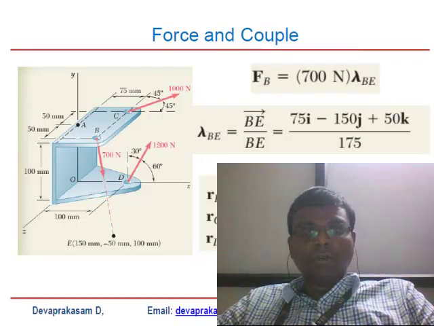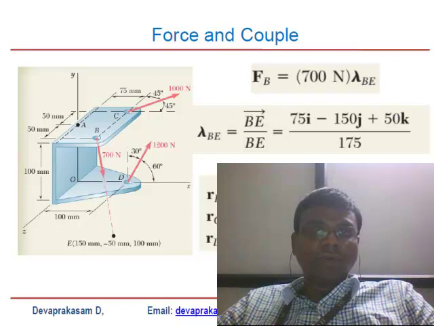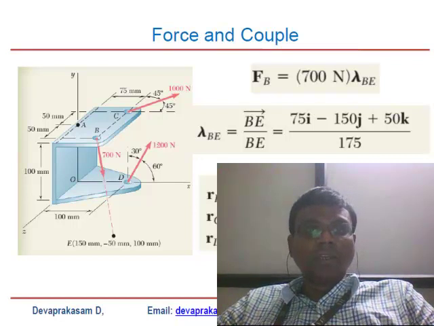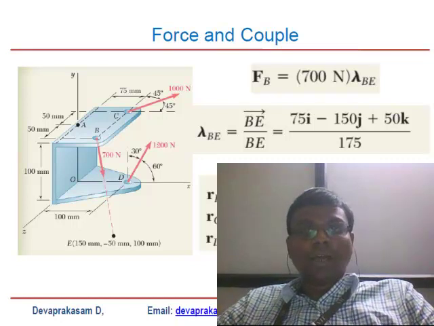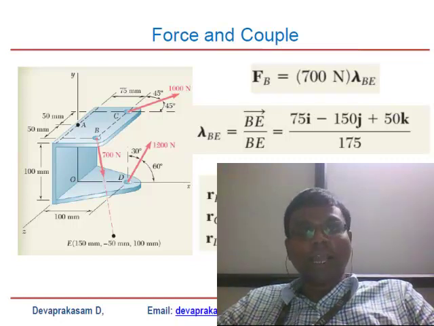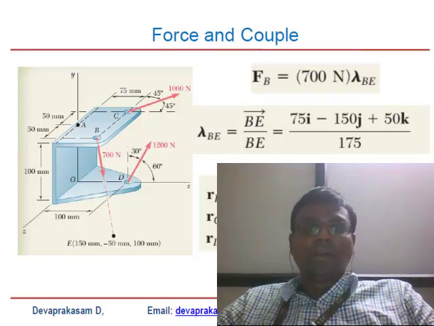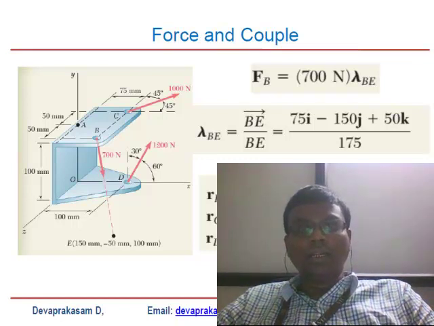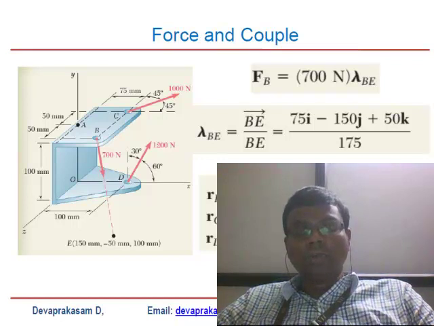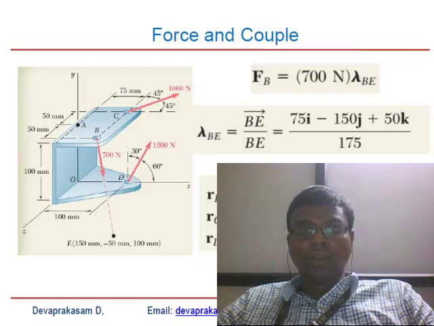To find the unit vector BE, first we need the vector BE and the magnitude of BE. Extract it using x2 minus x1, y2 minus y1, z2 minus z1 along i, j, k, where i is the x direction, j is the y direction, and k is the z direction out of the plane. Then you will get lambda B: 75i minus 150j plus 50k, divided by its magnitude, which is 175.